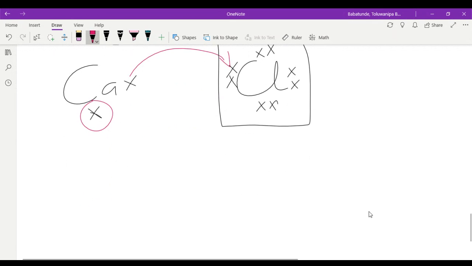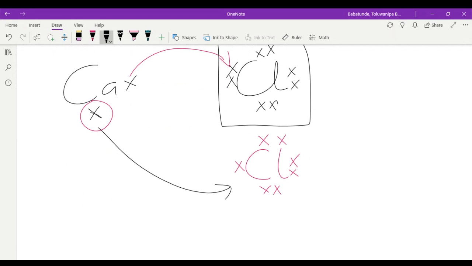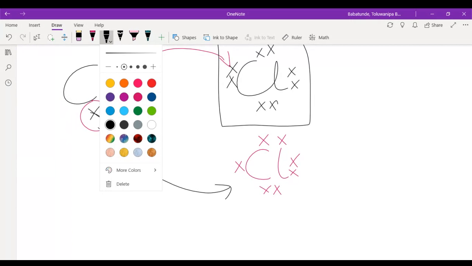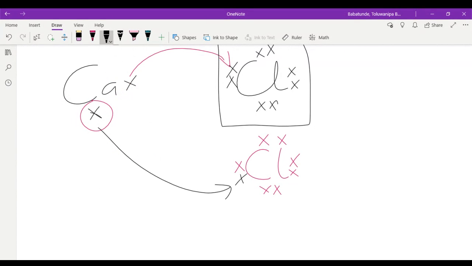So what will happen is we're going to call another chlorine atom with 7 valence electrons. Right. So this 1 electron from calcium will move into chlorine. Now chlorine has this 8-octet structure, and calcium has lost the 2.